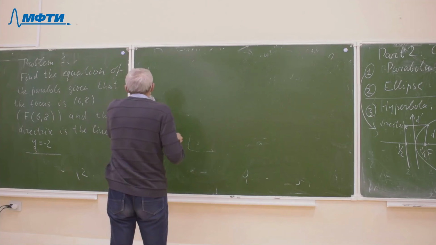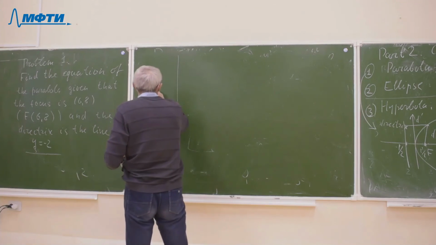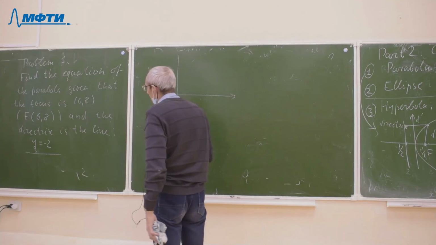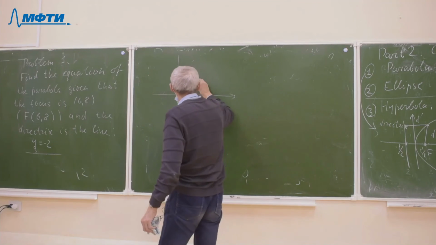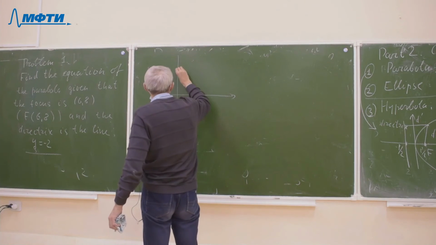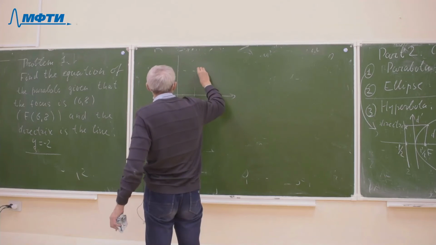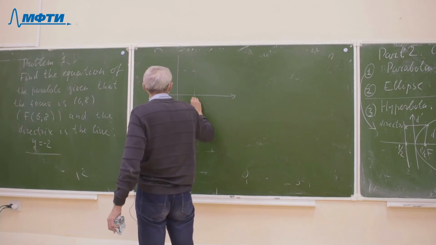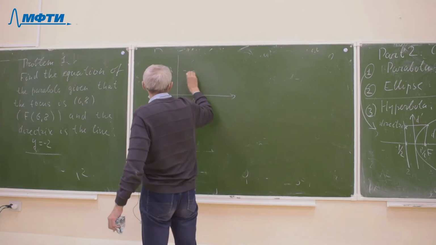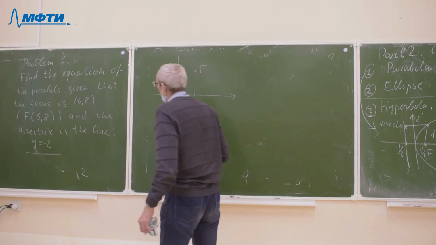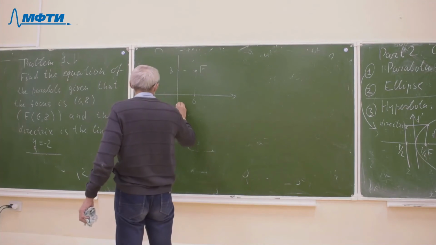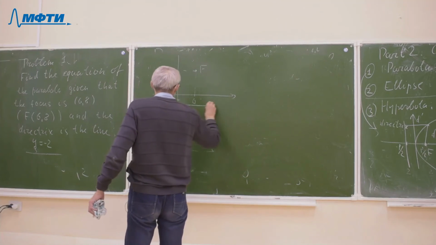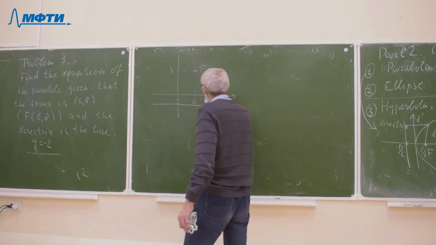And we have a coordinate system, and point F has coordinates 6, 8, F. And we have also a straight line L.